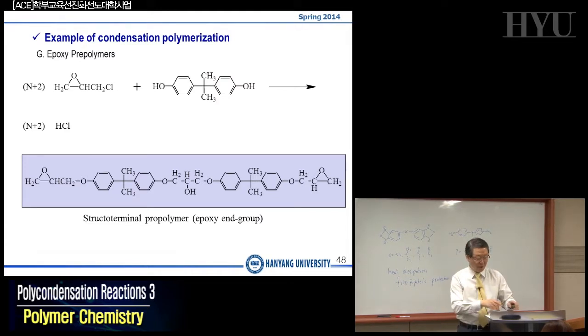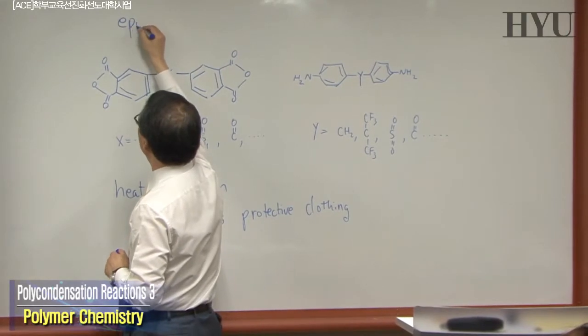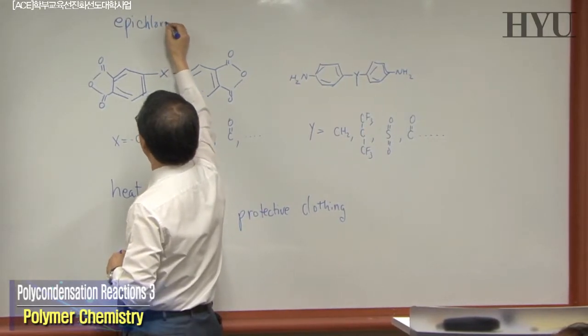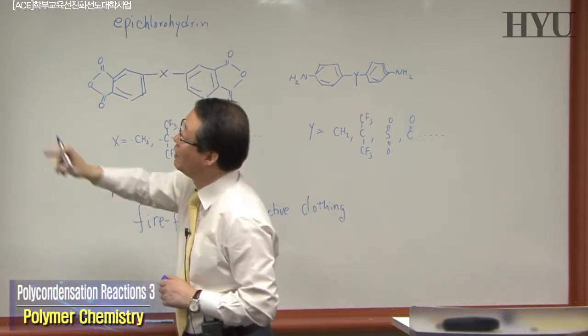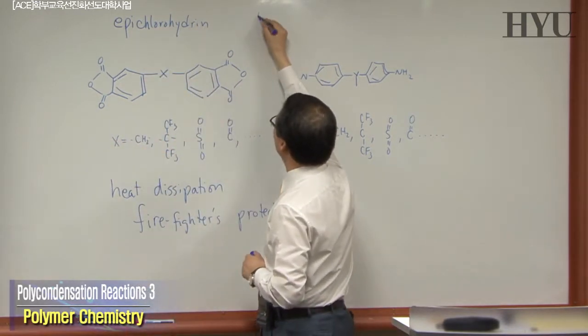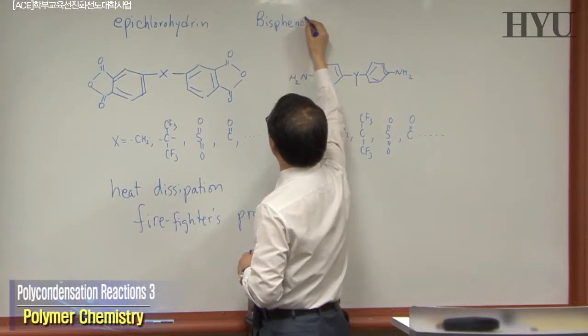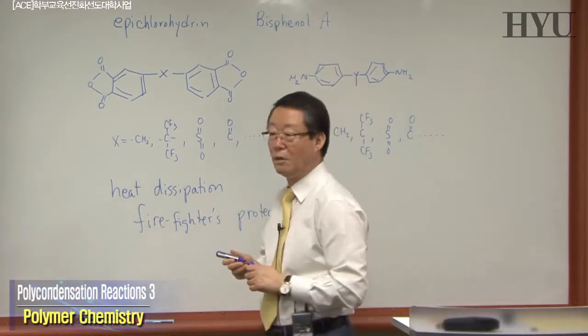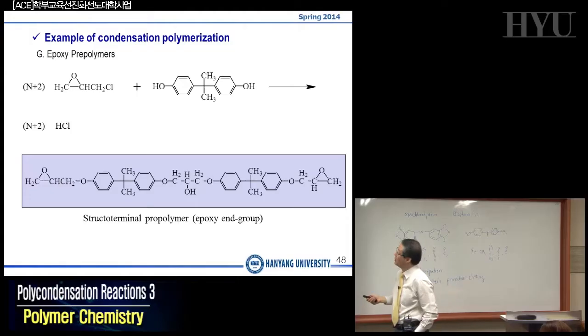This is called epichlorohydrin. And the second monomer is called bisphenol A, which is the commercial name. Bisphenol A and epichlorohydrin.